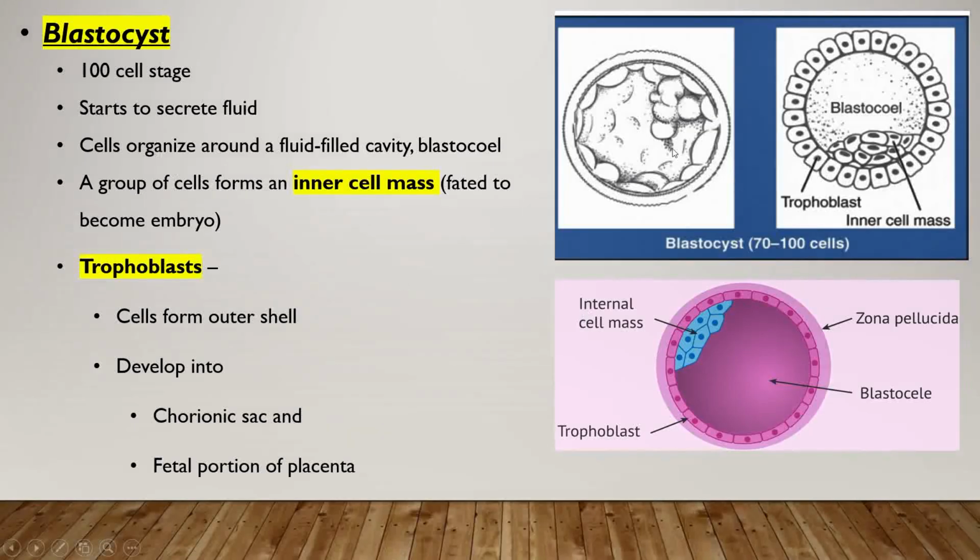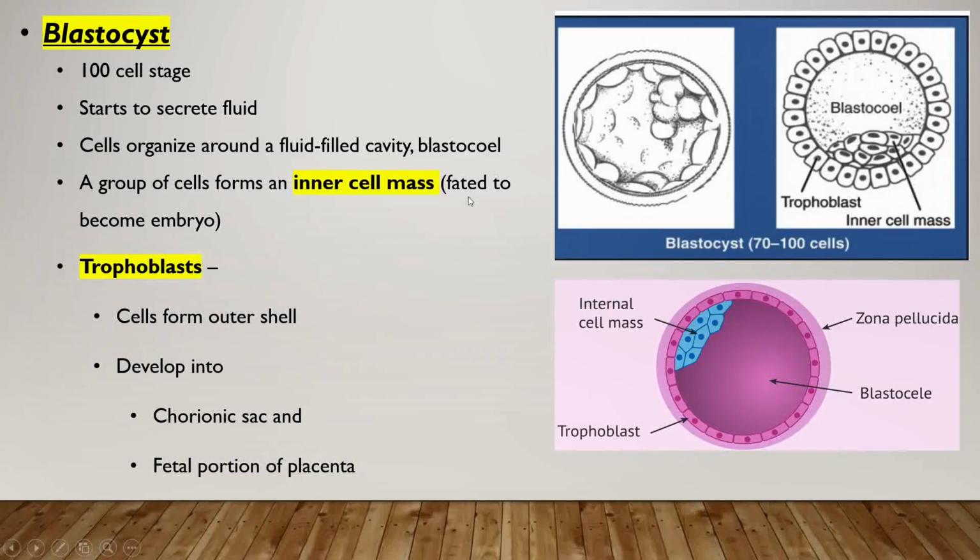The next stage is the blastocyst. It is approximately the 70 to 100 cell stage, and now the blastocyst starts to secrete fluid, and the cells are organized around the fluid-filled cavity that is known as blastocele. So here is the blastocele, which is a fluid-filled cavity surrounded by the cells of the blastocyst.